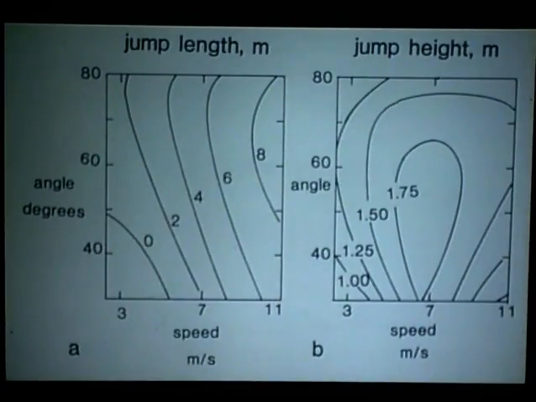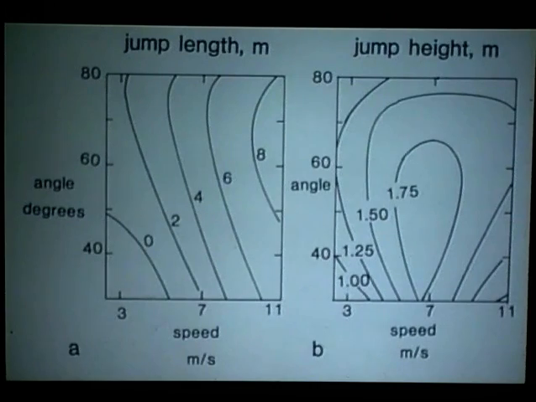You get the highest jump now by running at a moderate speed, about 7 meters per second, which is what good high jumpers actually do. Again, the model tells us that we should set down the leg at a rather shallow angle of about 50 degrees, and that's what high jumpers do.